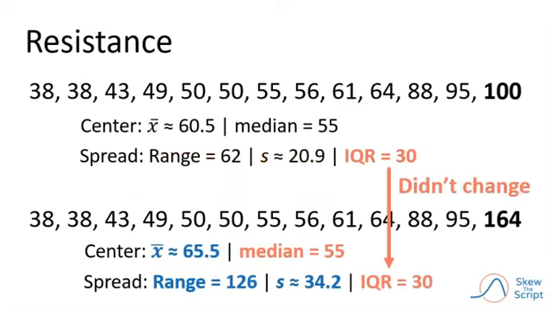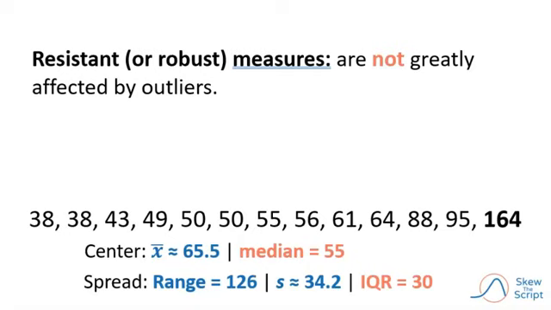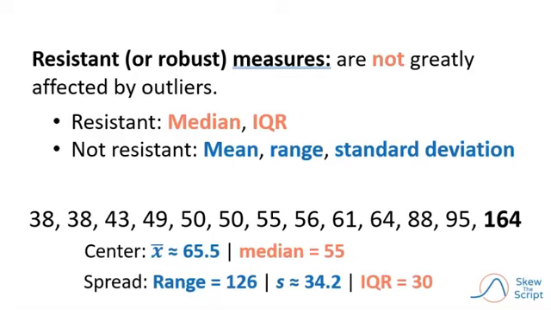But the IQR did not change. This trait, where the median and the IQR don't change very much, or in this case stay the same, is called resistance. The median and the IQR are resistant or robust measures of center and spread. They don't change much when you add in outliers.